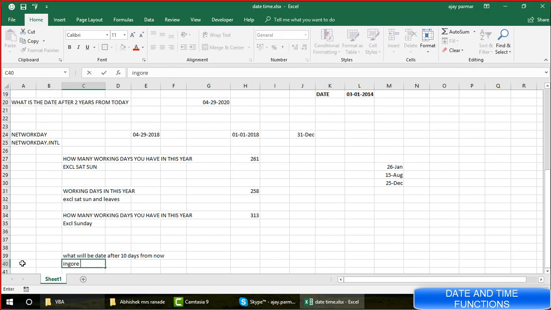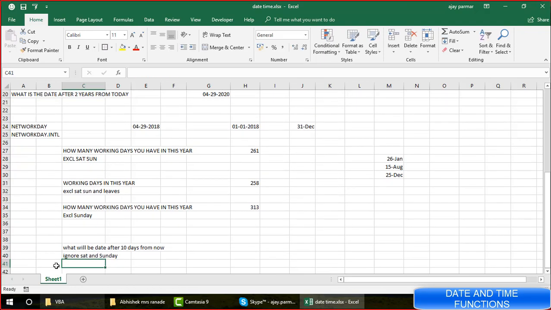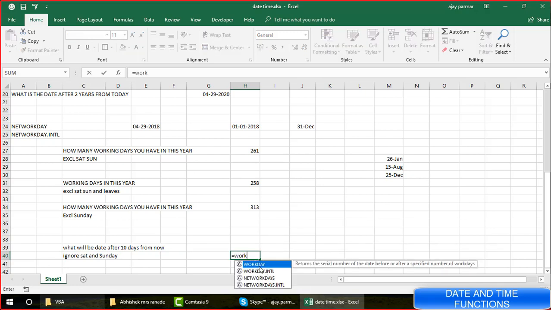Ignore or exclude Saturday and Sunday, right? Because I know if you just want to count the date after 10 days, it's very easy. You can just go and add the 10. But what if I have this criteria, Saturday and Sunday, I want to exclude? Then please go and write here WORKDAY.